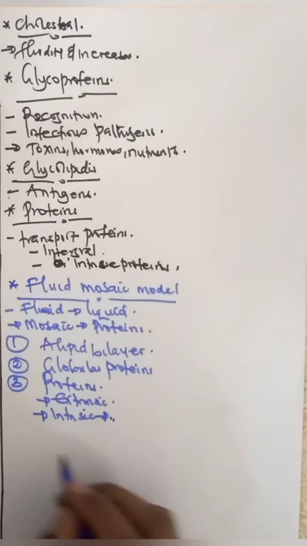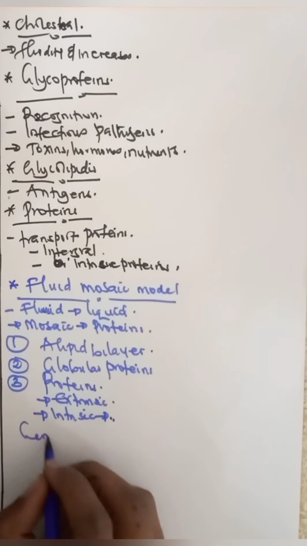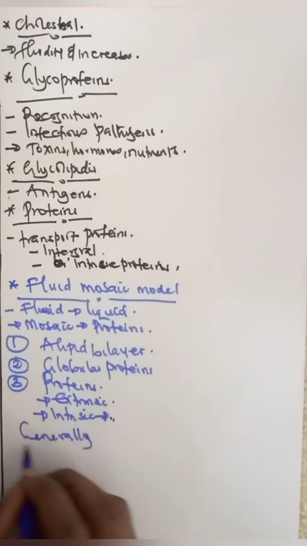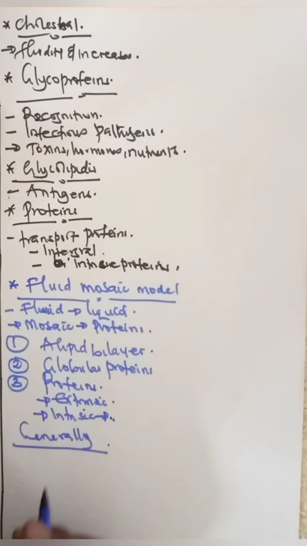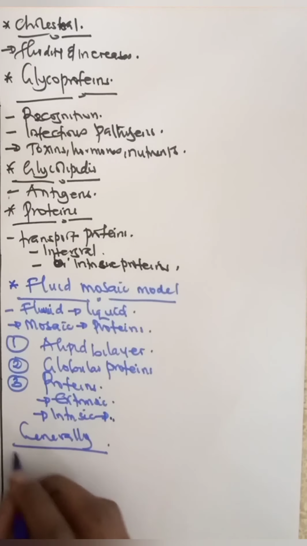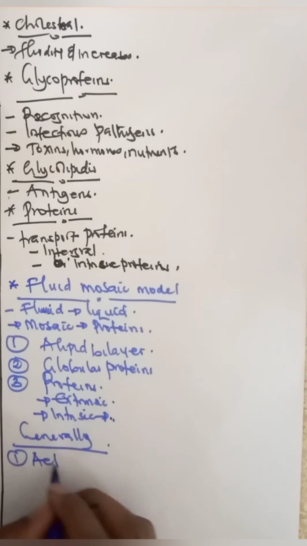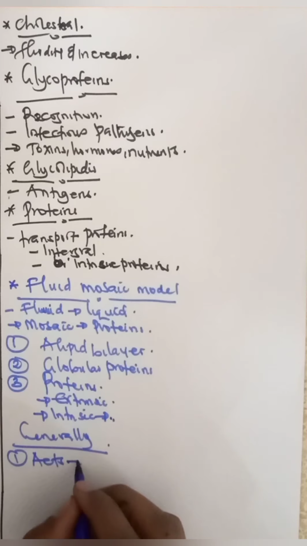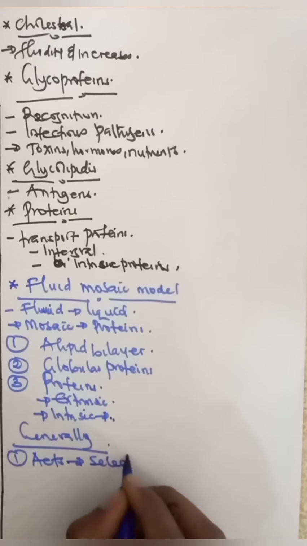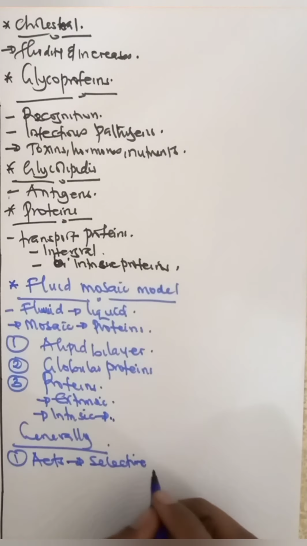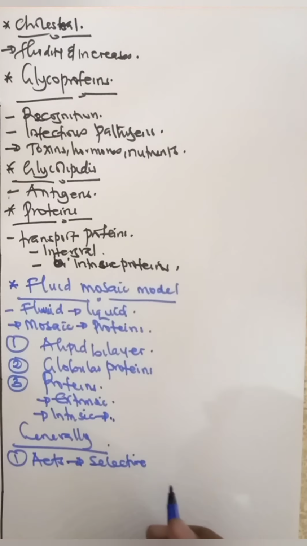But generally, the cell membrane plays the following functions. One, it acts as a selective permeable barrier to molecules.